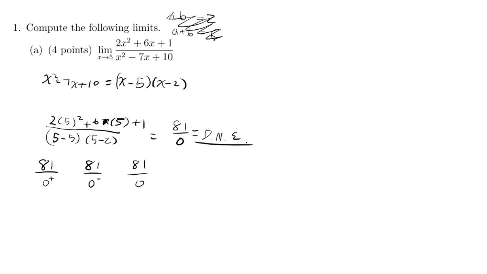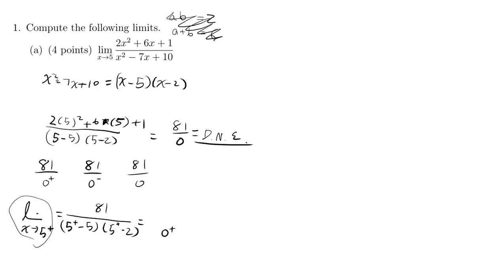Okay, so here's what's happening. If you take the limit as x goes to 5 plus, then the denominator will have (5 plus minus 5) and (5 plus minus 2) over 81, right? So this will be 0 plus. 5 plus means something that's slightly bigger than 5.